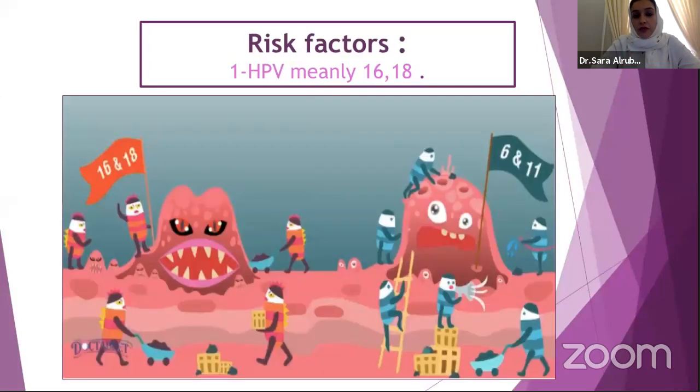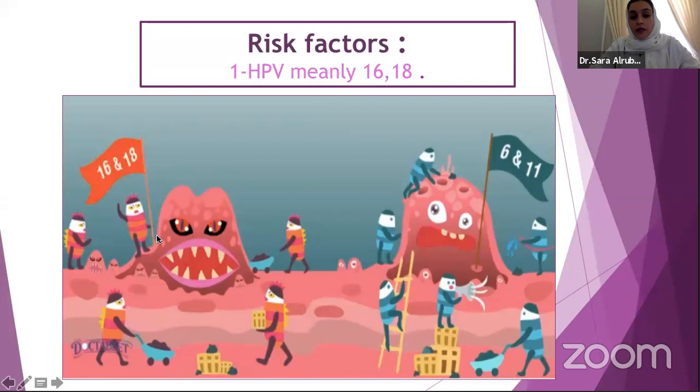Then we have to understand the risk factors of cervical cancer. We have HPV, mainly types 16 and 18, which are called high-risk types of HPV. These viruses have the ability to displace or disable the security program in the cell.